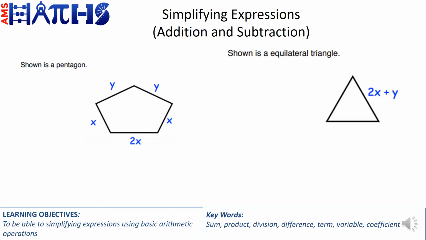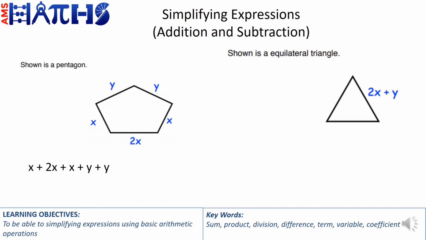Now, if we're going to find the perimeter of any shape, we add all the sides. We have 5 sides on this pentagon, so all we need to do is add the 5 sides. So I've started with x and then completed with y.